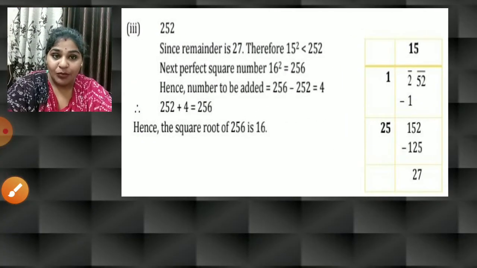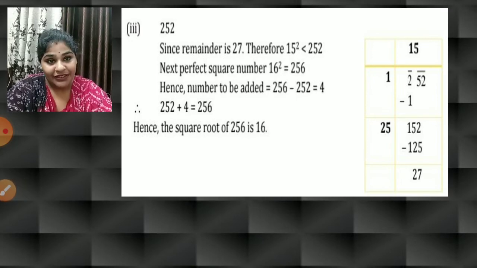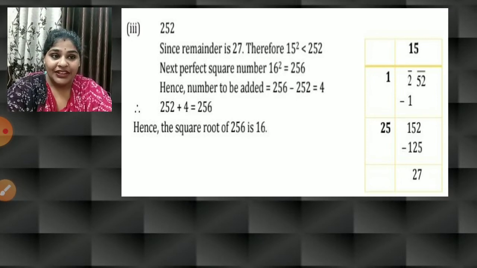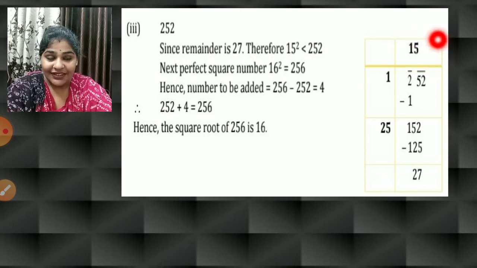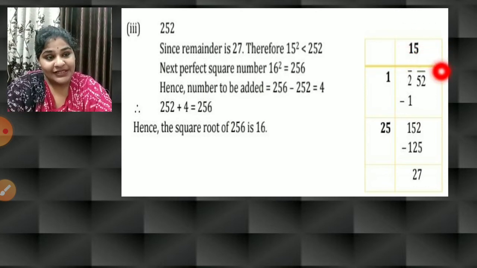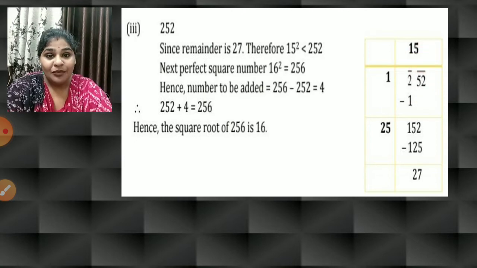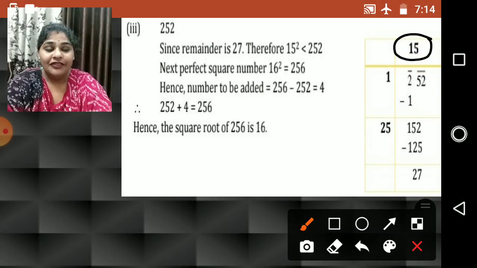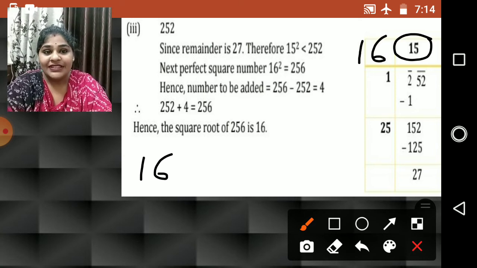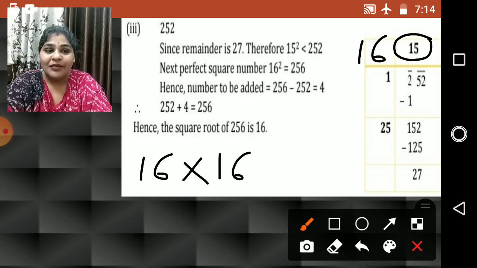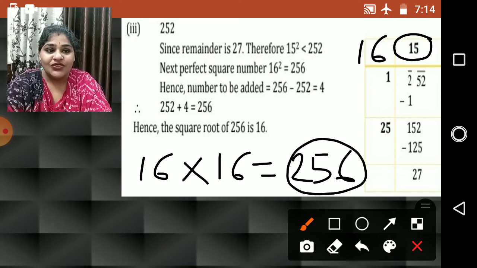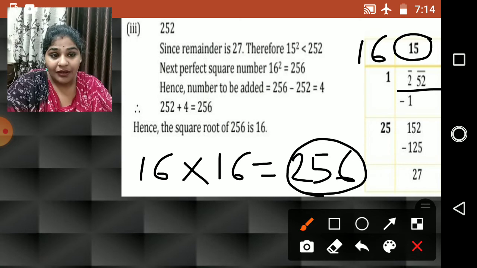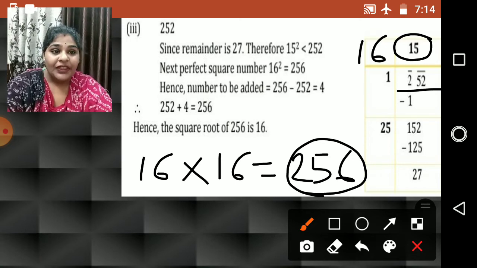Let us take one more example. The next example is 252. Same, we will do the division method. After dividing we get the number 15. So 15 square will obviously be less than 252. So after 15 we will take the next number, that is 16. First find out 16 square, that is 16 multiplied by 16, which is equal to 256, the next perfect square after the given number 252.